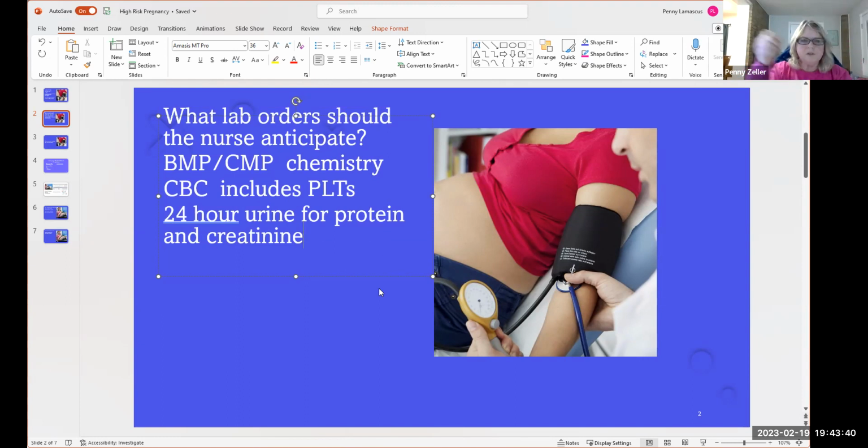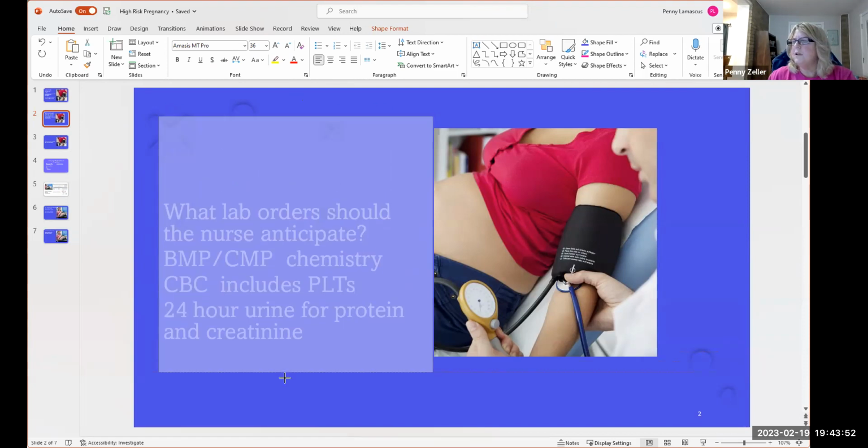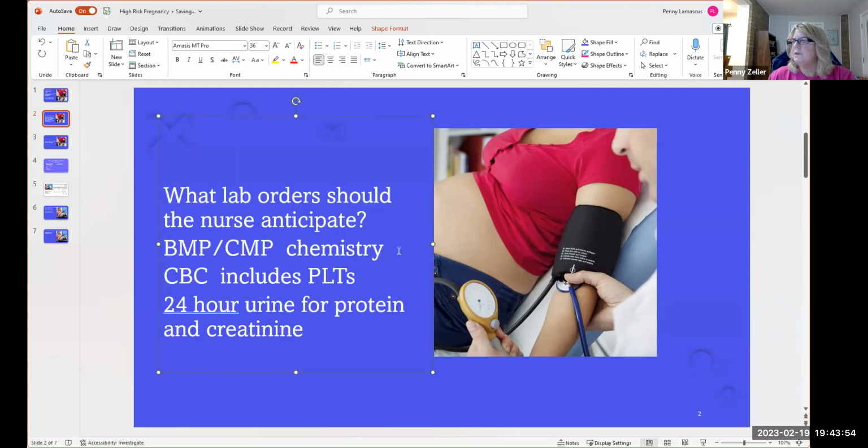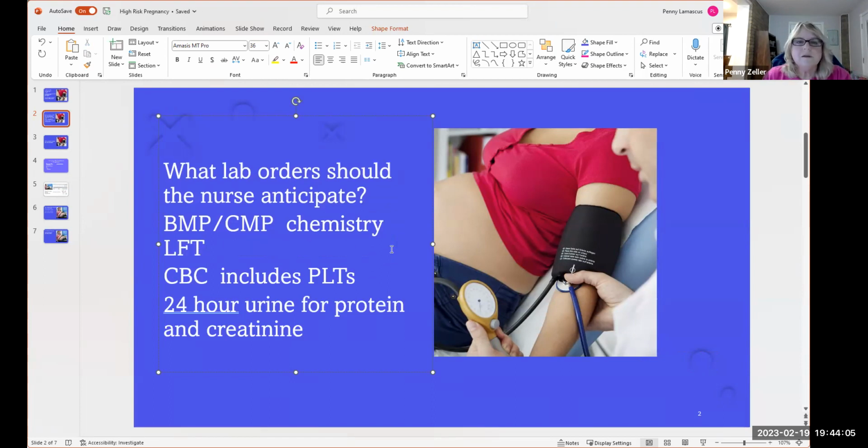If you dip her urine and you've got 3+ protein, that means her kidneys are stressed. So she probably has preeclampsia. Those are the most important labs. So liver function tests, LFT, or liver enzymes, same thing.